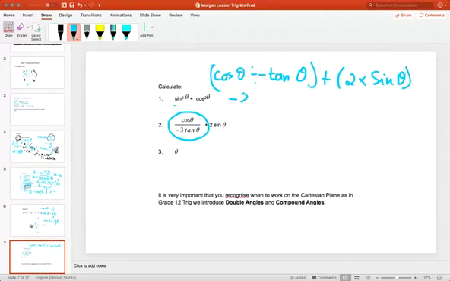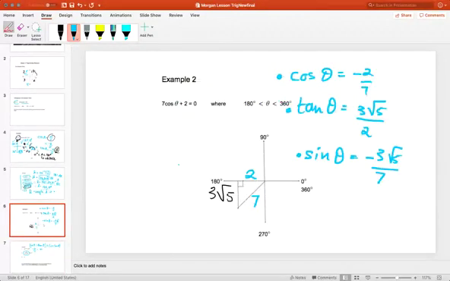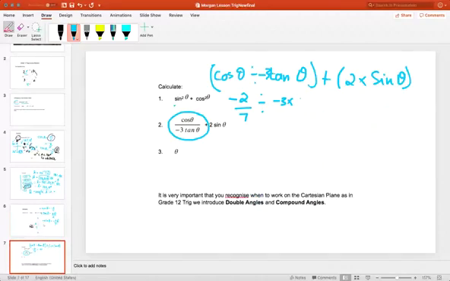So negative 2 over 7 divided by, and over here we had negative 3, so negative 3 times, and we go back, 3 root 5 over 2.